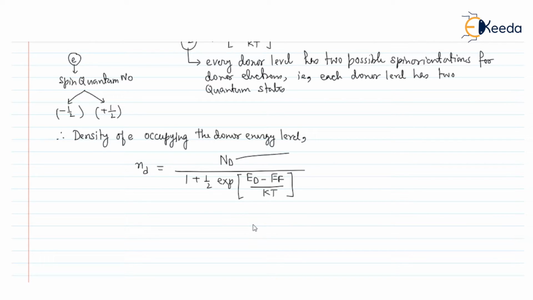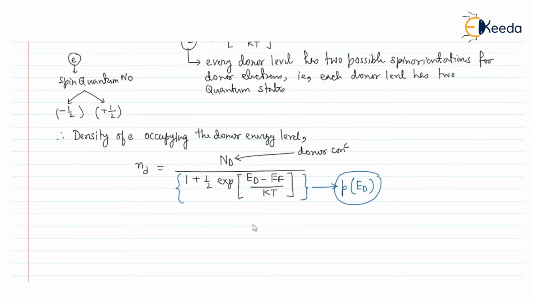This Nd is the donor concentration, and the denominator part is nothing but the probability of finding an electron in the ED energy states that we discussed earlier.